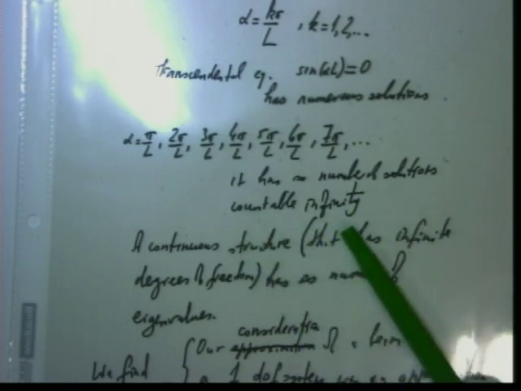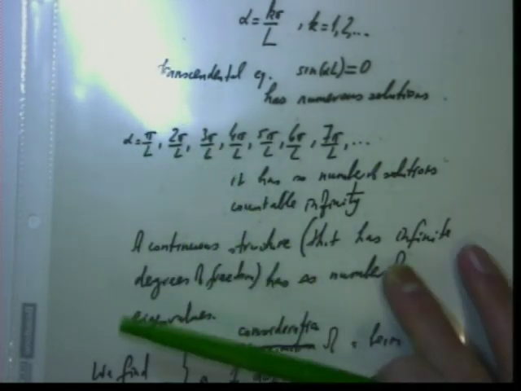Countable infinity. We can count 1 times pi, 2 times pi, 3 times pi, etc. So these values, alpha, are also called eigenvalues.